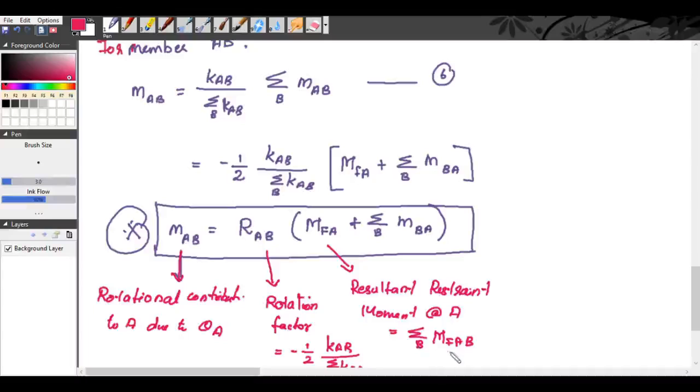Algebraic sum of the fixed end moments at A. That is the resultant restrained moment at A.